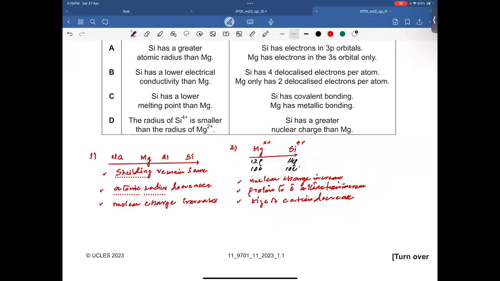Third statement is magnesium and silicon. Magnesium has metallic bonding. Silicon has a giant covalent structure.